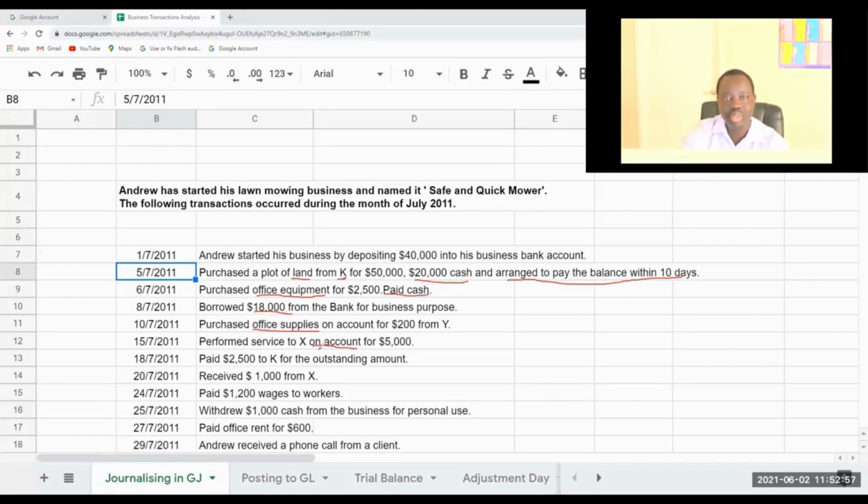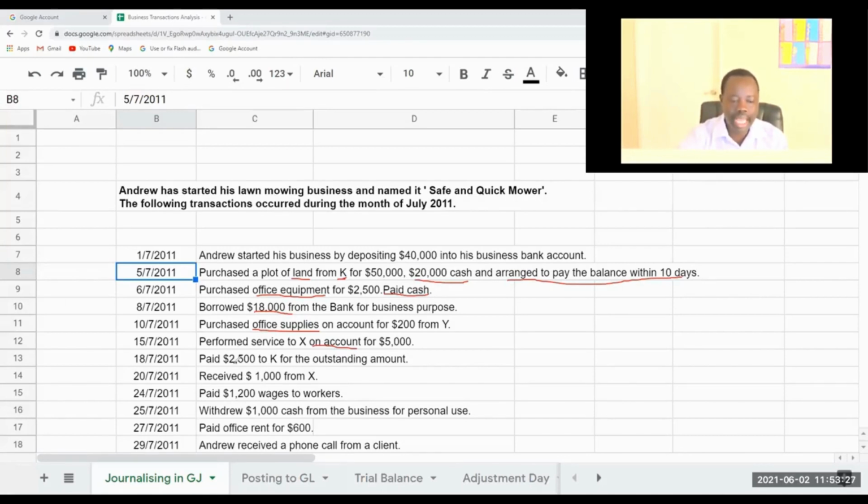Accounts receivable that we recorded on the 15th is now decreasing, and the cash account is increasing because we are receiving cash. These are two asset accounts. These two asset accounts are cash and accounts receivable. One is increasing and the other one is decreasing.